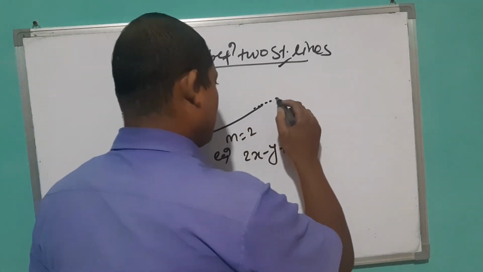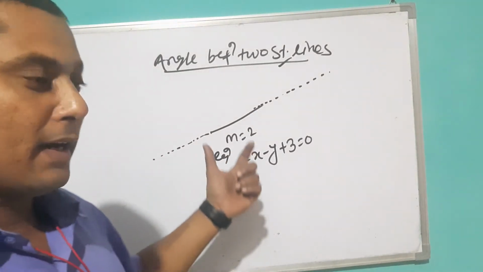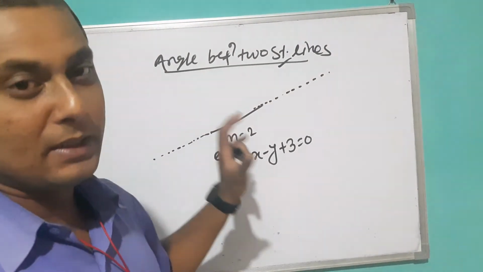If you produce this line in both directions, the slope and equation of this line remain the same.